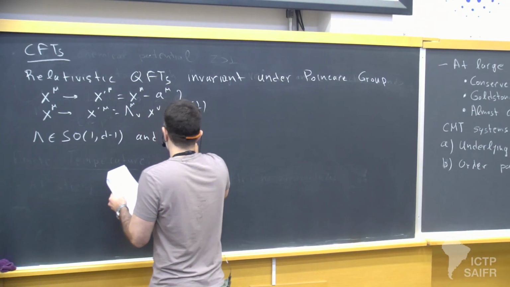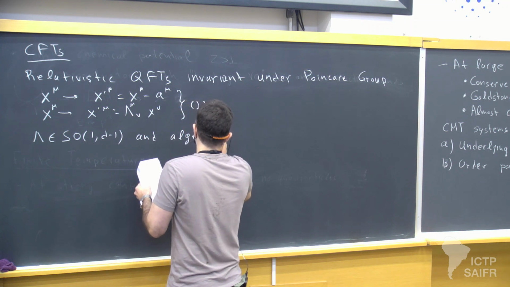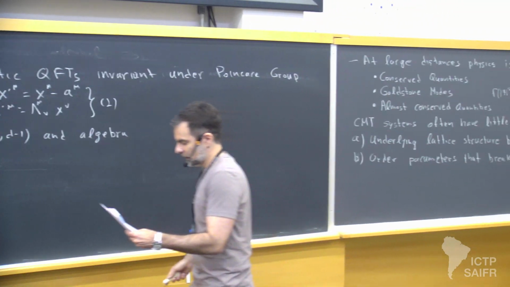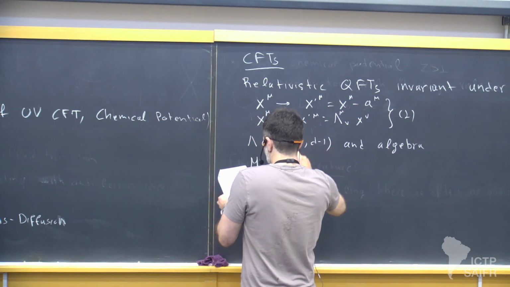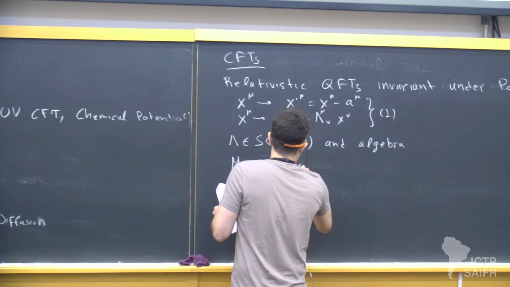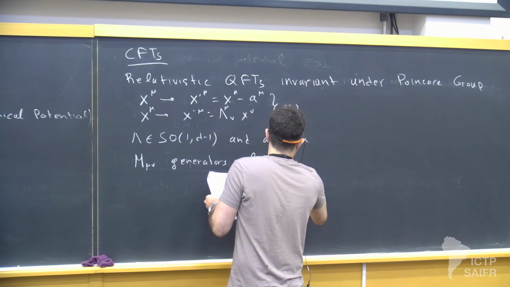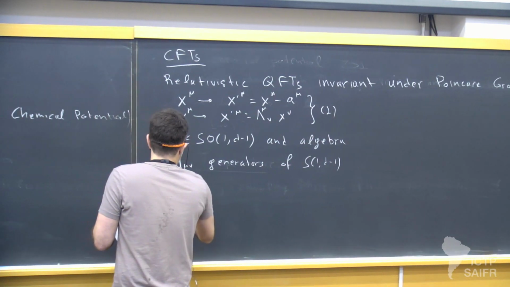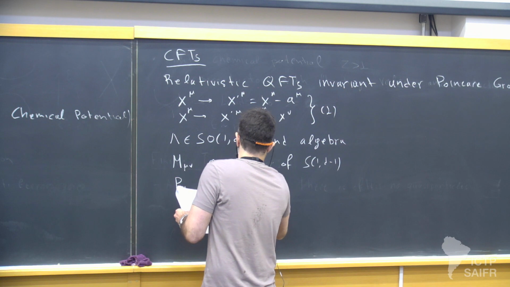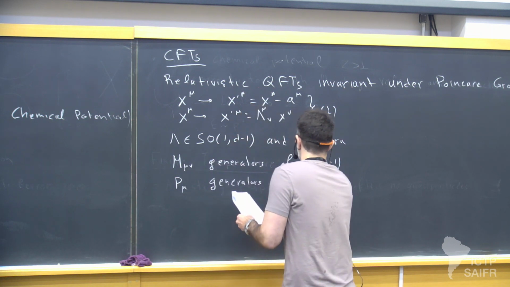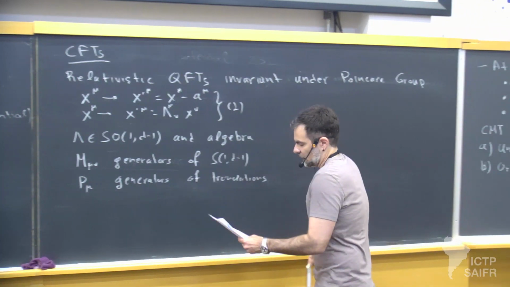And the algebra is, if I look at infinitesimal transformations, I will have the generators of the Lorentz group, which I call M, and I will also have the generators of translations, which we usually call P_μ.